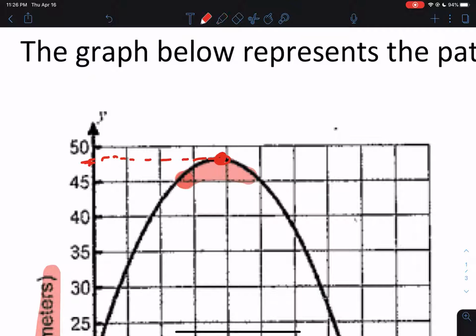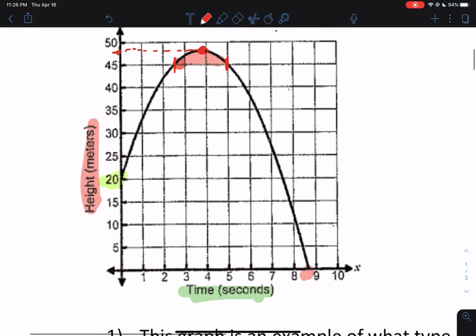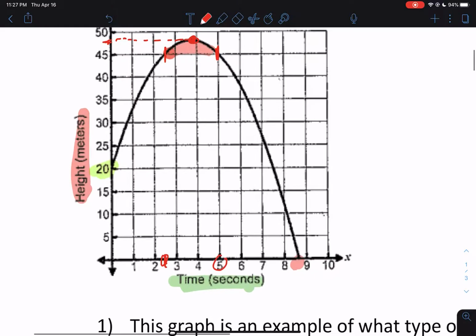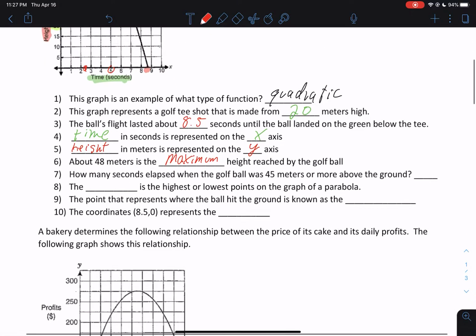That happens in between this time and that other time. All we need to do is a quick subtraction of 5 minus 2.5. And we will say that the ball was about 2.5 seconds above 48 meters.